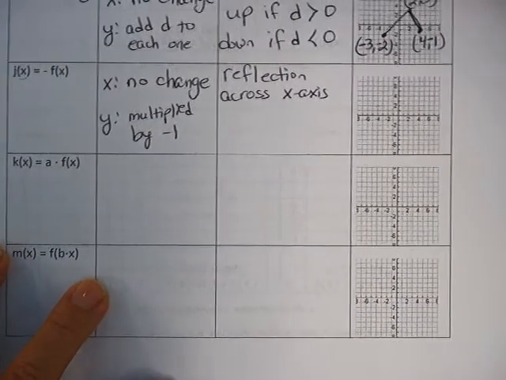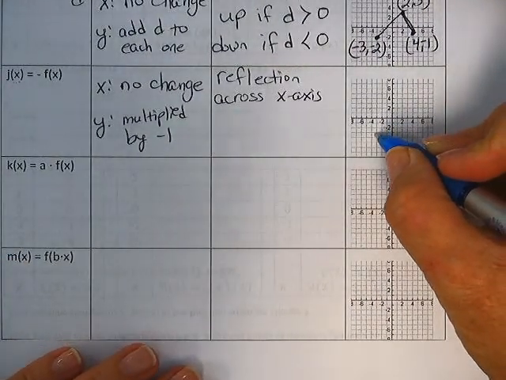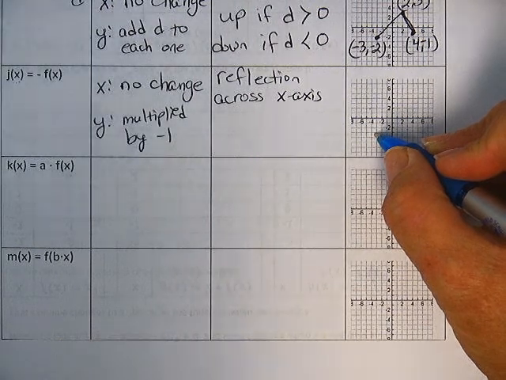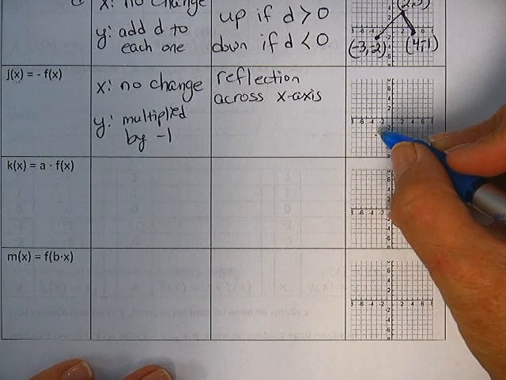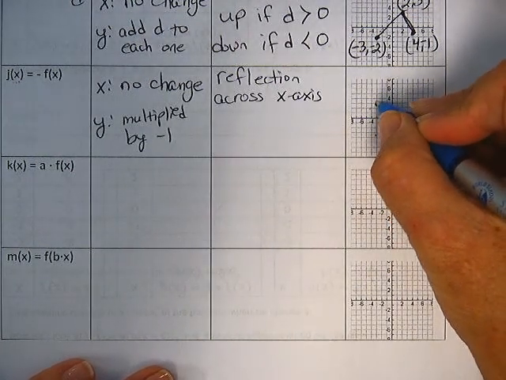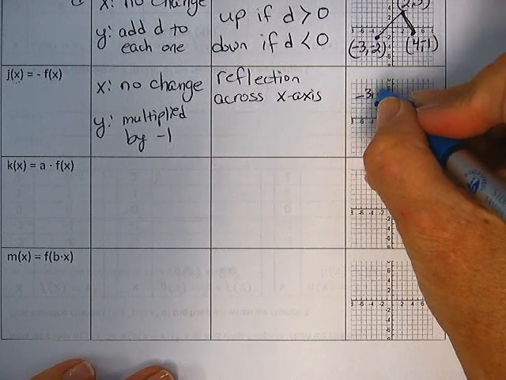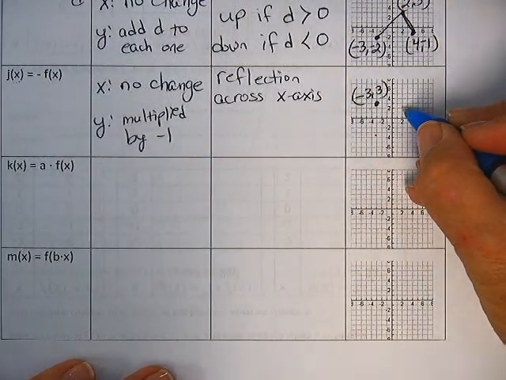And let's take a look at what happened to our original points. We had a point at (-3, -3), so our x value is going to stay the same. The y value we multiply by negative 1, getting (-3, 3). Our second point had been at (2, 2).